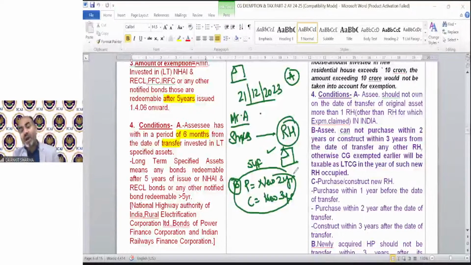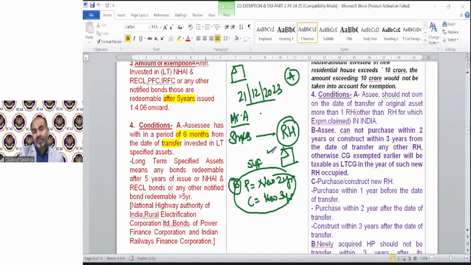So there is a lock-in after claiming exemption under section 54F. You cannot purchase or construct any other residential house within that period. If you do that, then whatever exemption you have claimed earlier is going to be taxable.